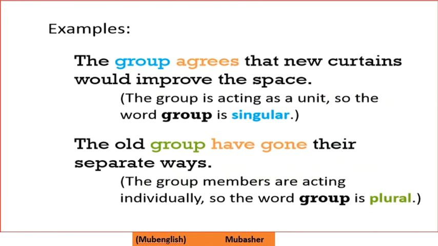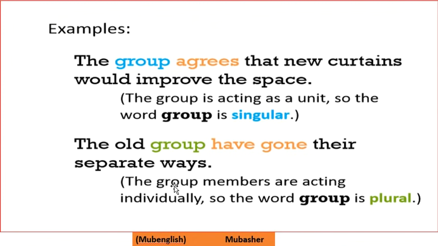The group agrees that new curtains would improve the space. Now we visualize that all of the group are agreed, this is their unanimous decision and they are not working in different directions. So here the collective noun group is taking the singular verb agrees. But: the old group have gone their separate ways.